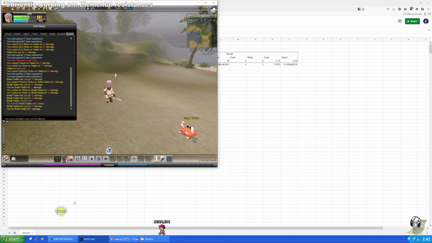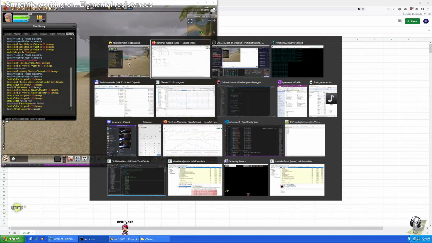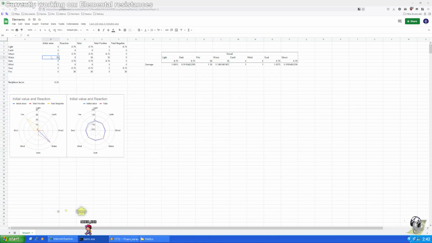Okay, for now, let's leave it at that. So we have 35 for the small ones and 50 for the big ones, which is plus 50% minus. Yeah, this actually looks fine. Let me check that I actually put those numbers in the database. Yes. Minus 50 plus 50.